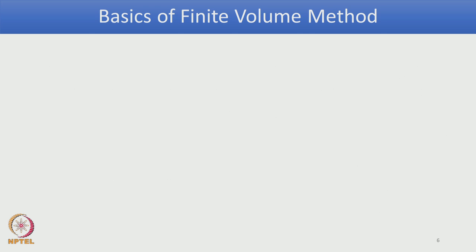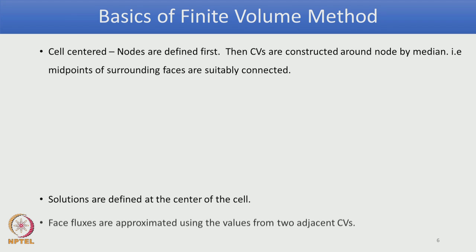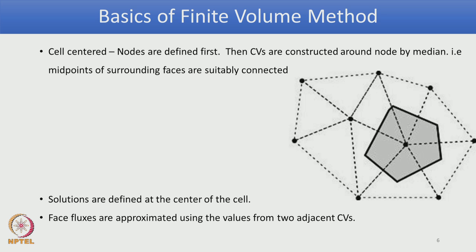There is another method called cell centered finite volume mesh. In this, nodes are defined first, then control volumes are constructed around the node by median. In other words, midpoints of the surrounding faces are suitably connected. So, if you look at that mesh arrangement, each one of them is a vertex, then you construct a control volume around that vertex by taking the midpoint of the two vertices responsible for that control volume.